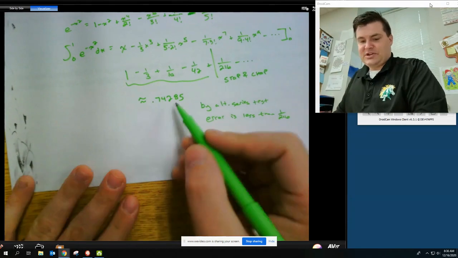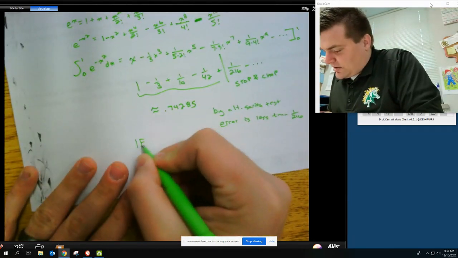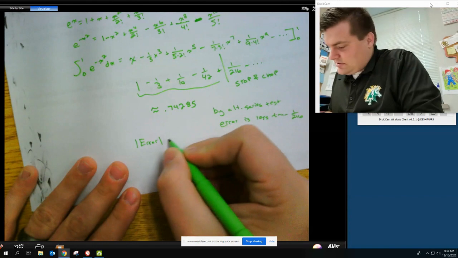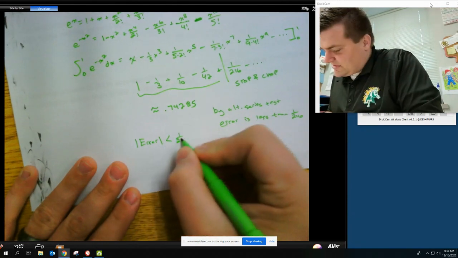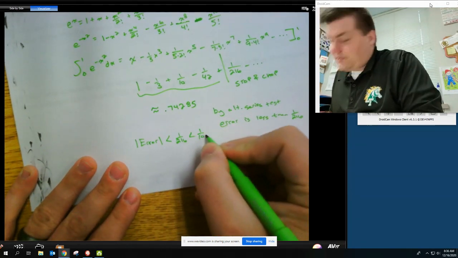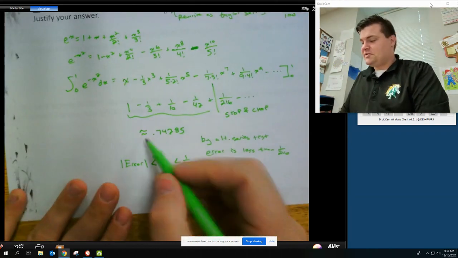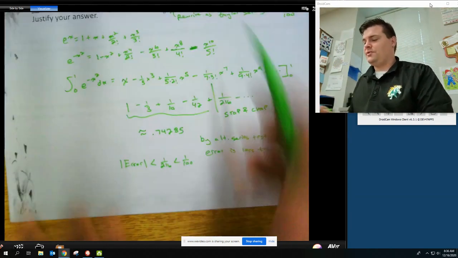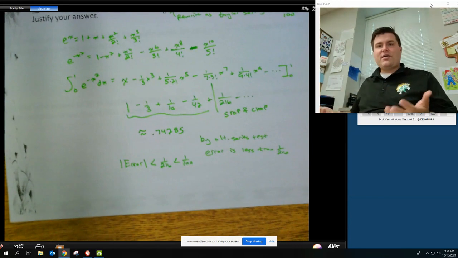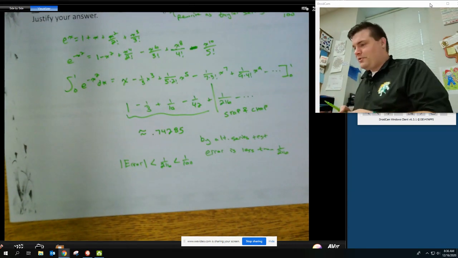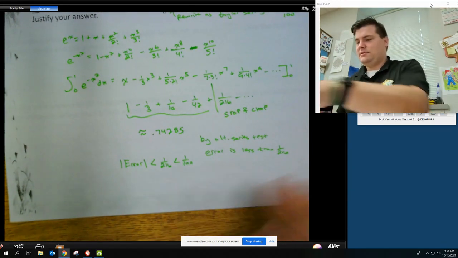So that's our approximation. And again, remember, the absolute value of our error is less than 1 over 216, which is indeed less than 1 over 100. So we're pretty gosh darn close. This is a pretty good approximation of this integral. So yeah, there you go. Now you know how to take the integral of practically everything.